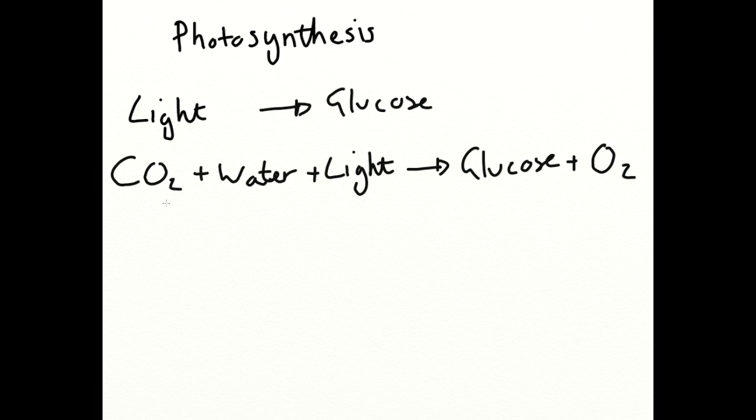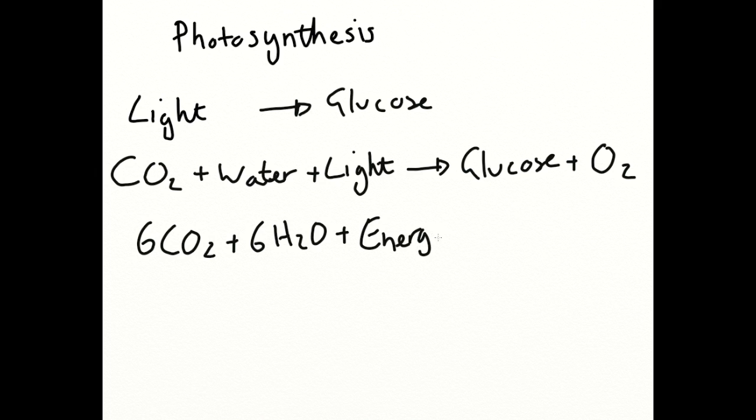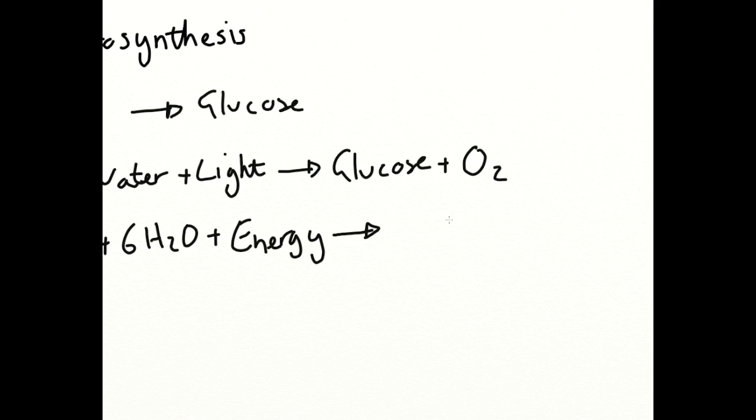To go in a little bit more detail, we can talk about the formula, okay, that's required for A level, and you have 6 CO2 molecules plus 6 water molecules plus energy, which is in the form of the light, and that creates your glucose, okay, which is C6H12O6, and it also creates 6 oxygen molecules.